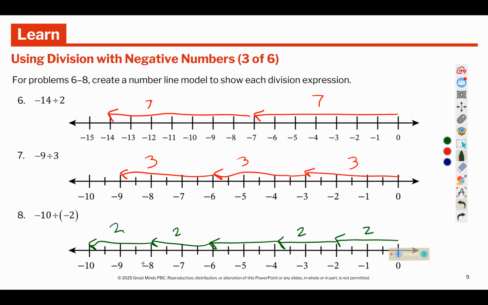And we were able to create 1, 2, 3, 4, 5 of those groups. Here, each of our arrows had to be negative 3. And in this one, each of our arrows had to be negative 7. Remember, we're using those families to help us determine our answer.